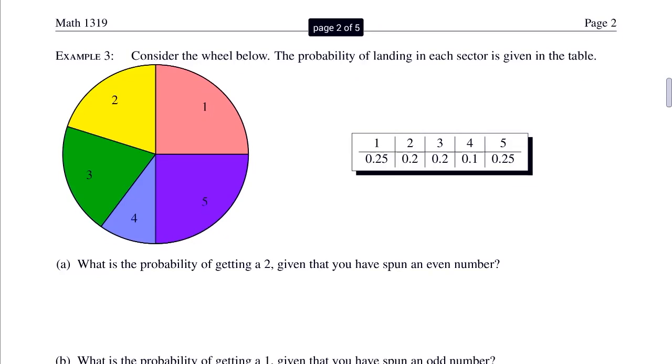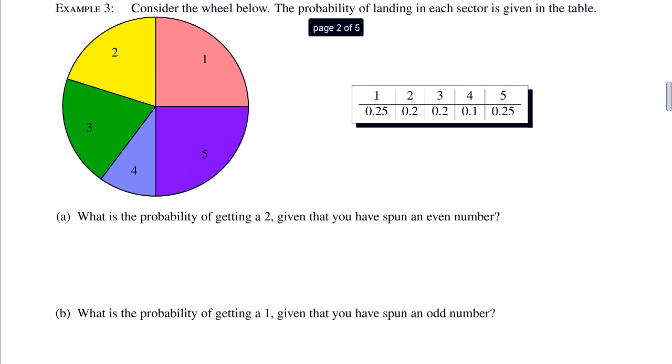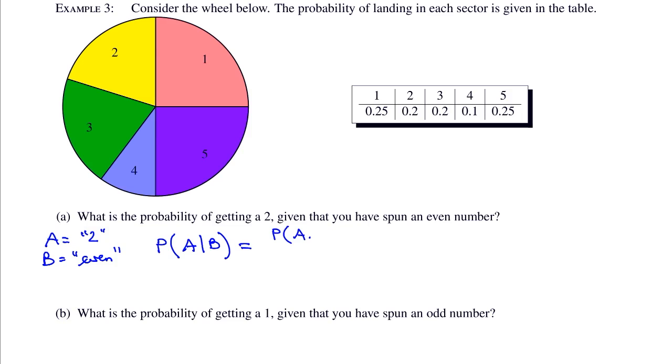What is the probability of getting a 2 given that you have spun an even number? All right. So here A is a 2 and B is even. So we want the probability of A given B. That would be the probability of A intersect B over the probability of B.